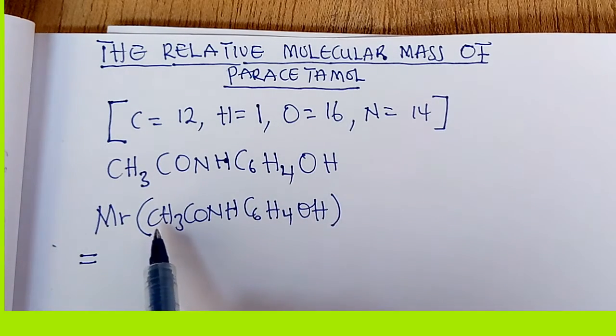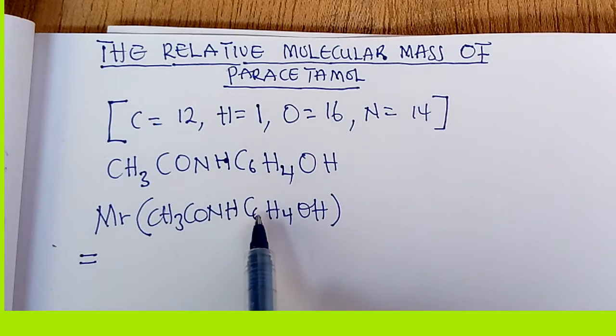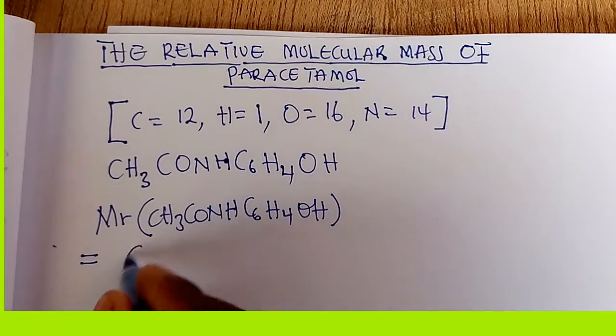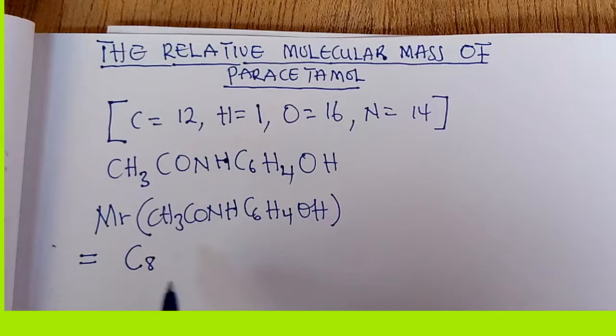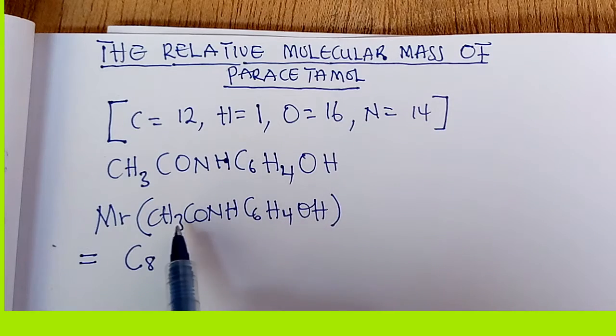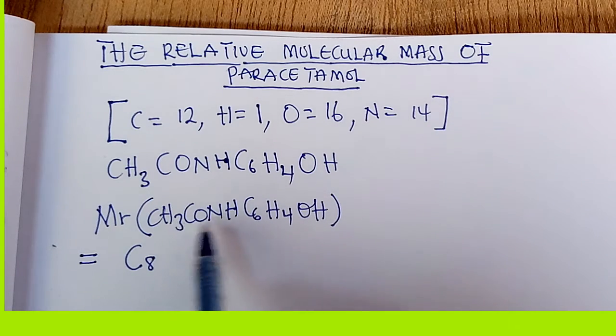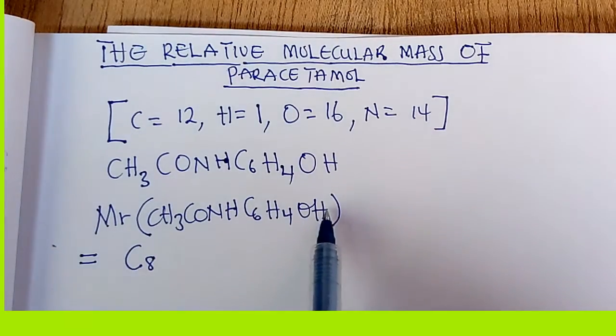Carbon: we have one here, another carbon here, two, another 6 carbons here, making 8. So we have 8 carbons, and we can write C8. How many hydrogens do we have? We have 3 here, 1 here, making 4, 4 here, making 8, and 1 here, making 9.